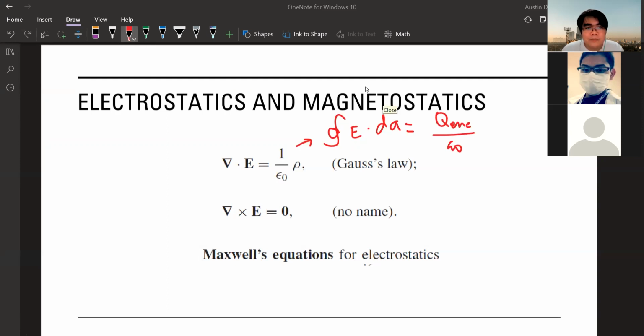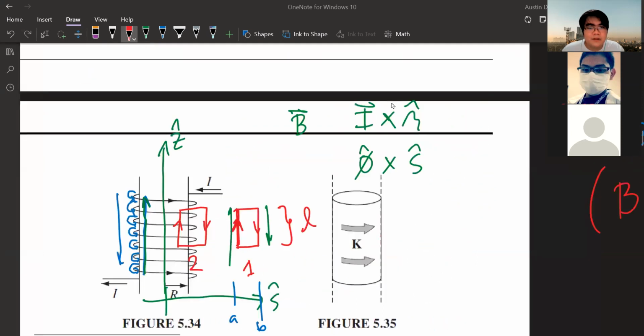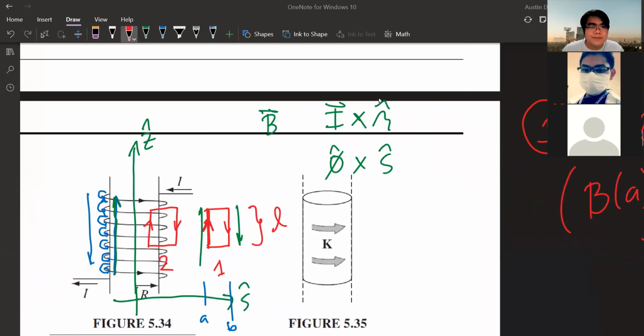Sir, follow-up lang po. Applicable po ba yung B outside equal to 0 sa ibang system? Is this applicable? I can't say for sure. Hindi ko ma-generalize.